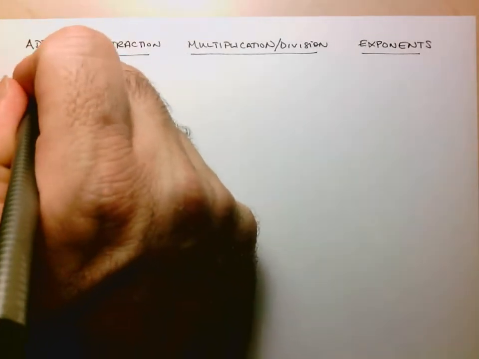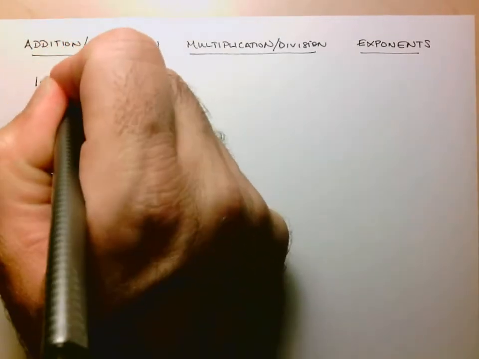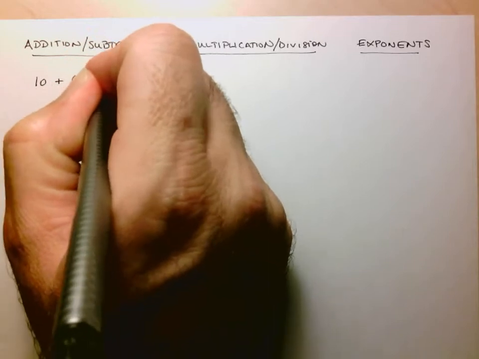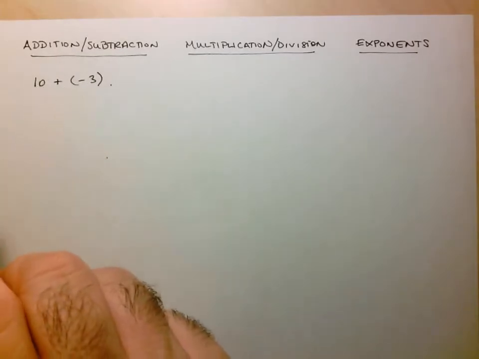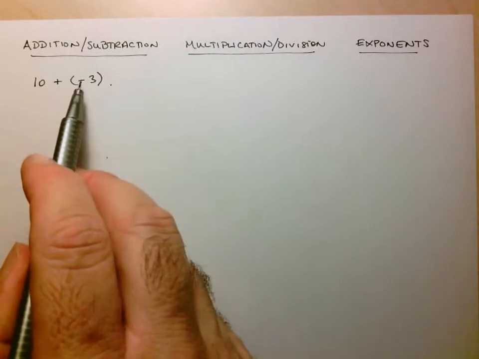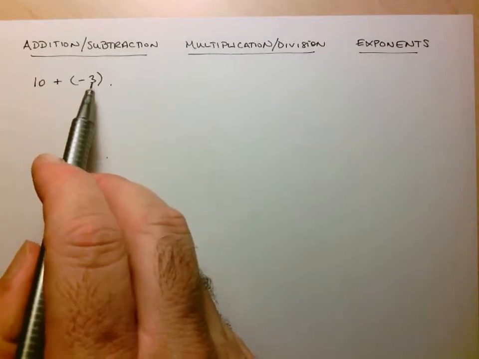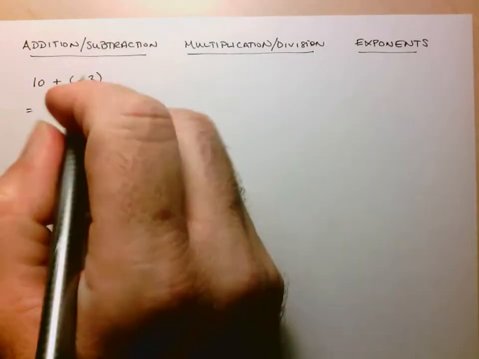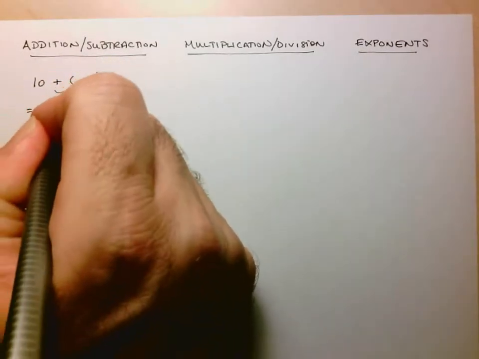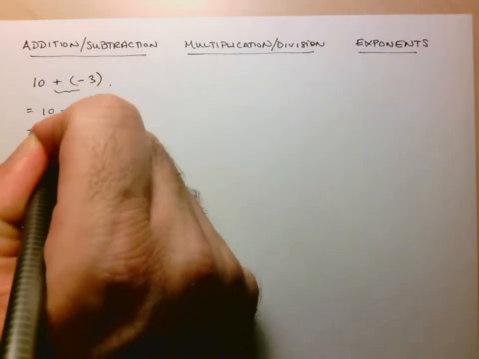So let's say I have 10 plus negative 3. What does it mean to add a negative number? Well, you would have learned that adding a negative number is the same thing as subtracting this digit here. So adding a negative number becomes a subtraction, and you just get 7.